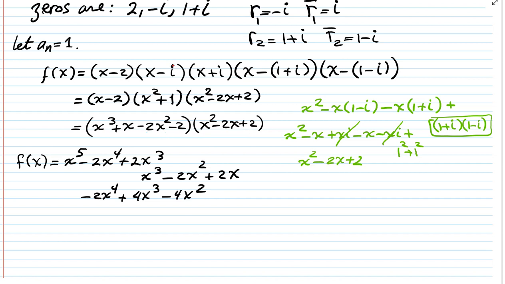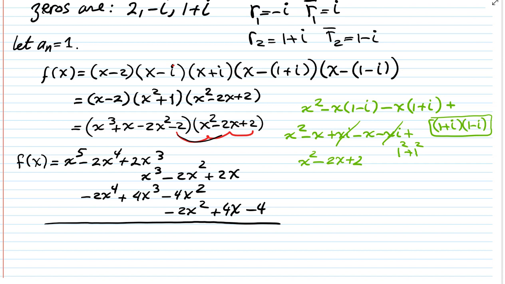And then the last distribution, we're going to do negative 2 times each of those. So negative 2 times x squared is going to be negative 2x squared, right? And then negative 2 times negative 2 is positive 4x minus 4. And then we're going to add in columns.